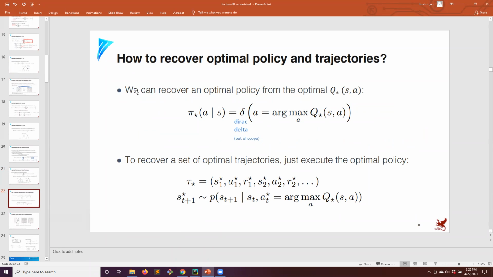Okay, so it's also possible for us to recover an optimal policy, let's call that pi star of a given s, from the optimal Q function.